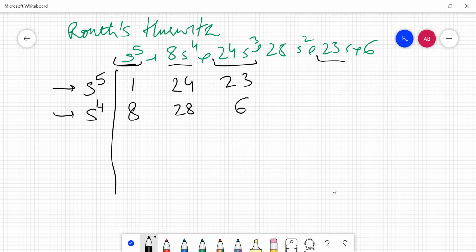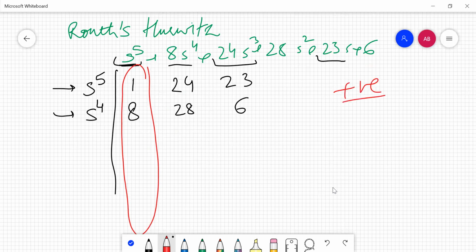So now you have to go with the multiplication. You always need to check that all the elements of your first column should all be positive. Not a single element should come out to be negative when you go for the calculation.